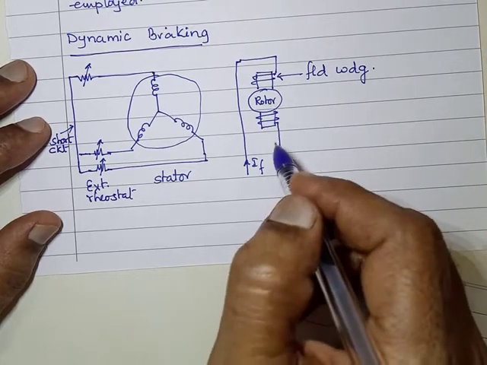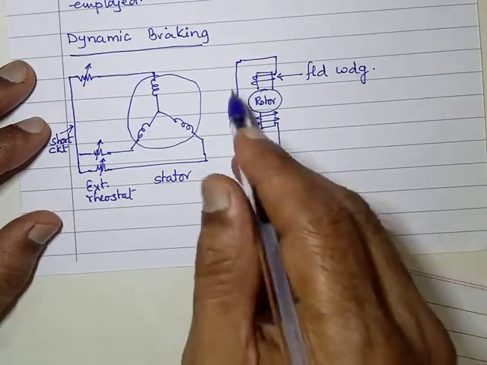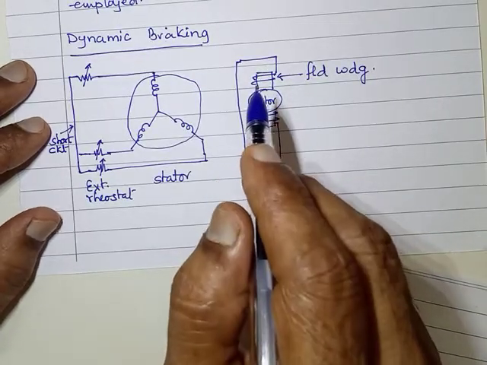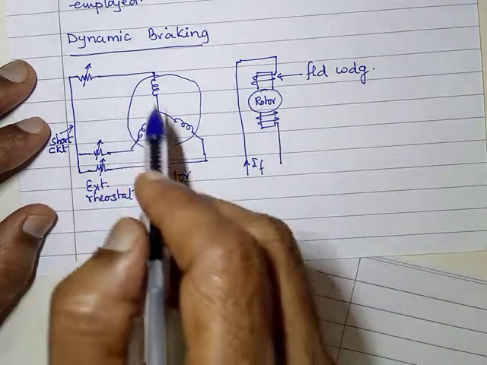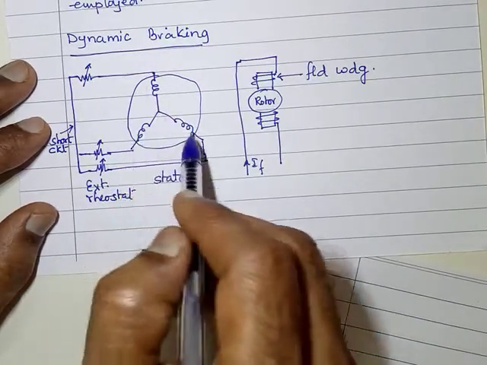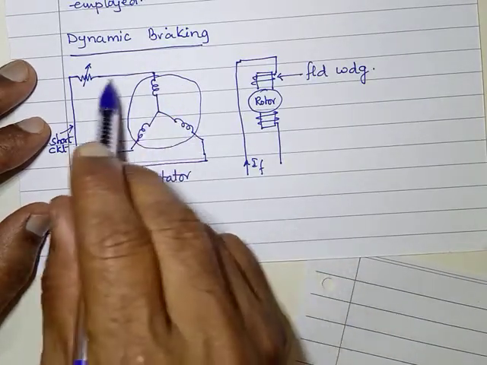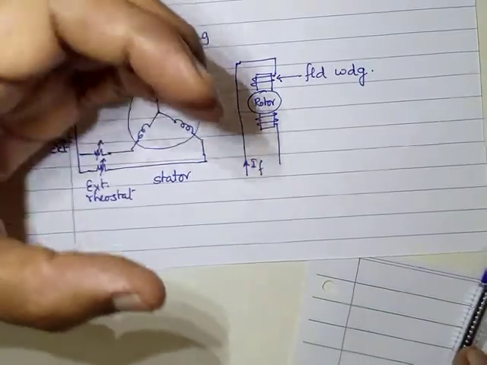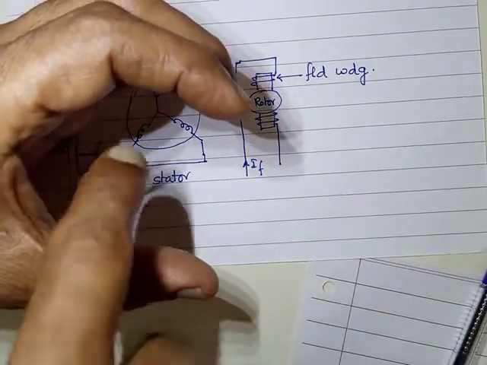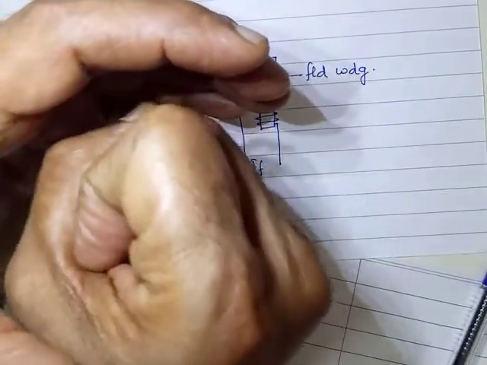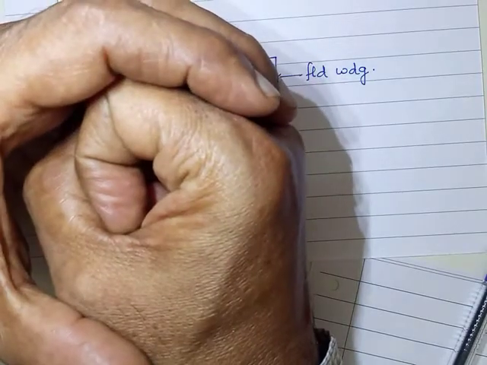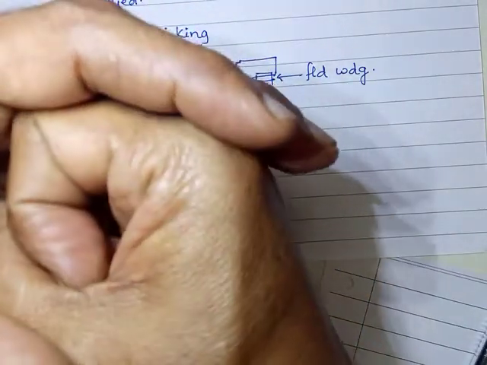Now we are having the field current here intact. That means the magnetic field is there, and these windings are shorted. So we have the stator, in that the rotor, and this rotor is rotating.